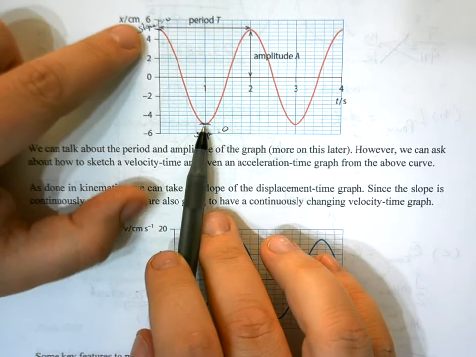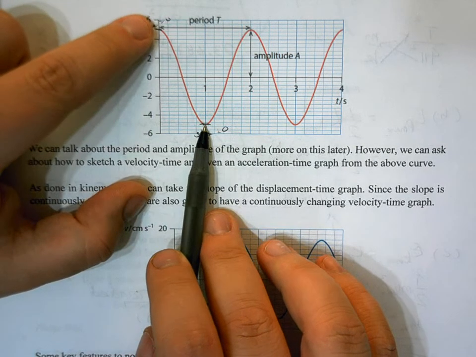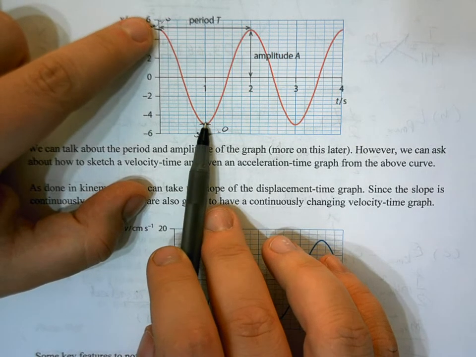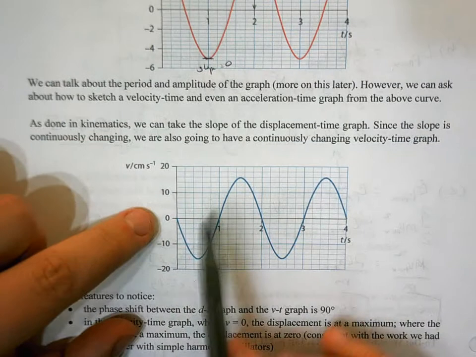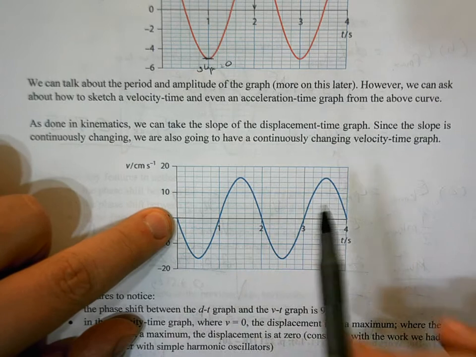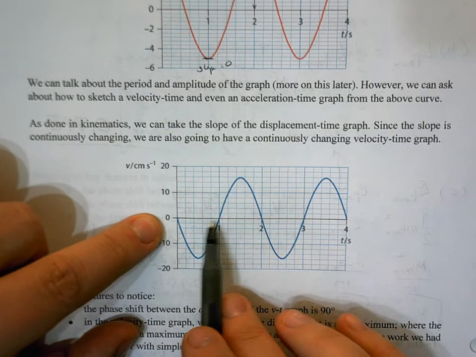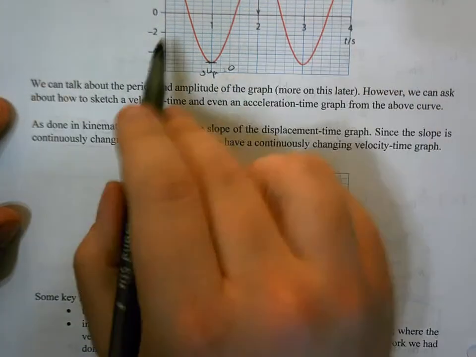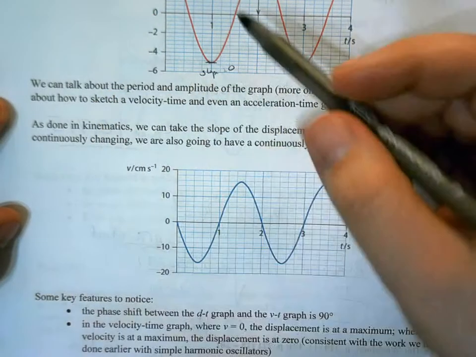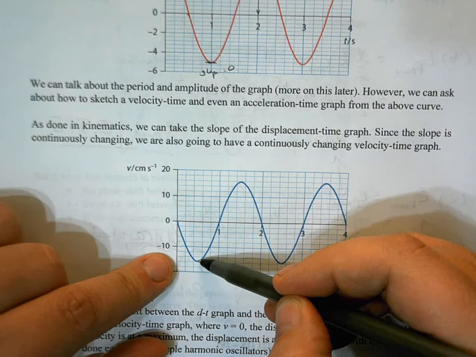Now, in the position-time graph, these represent the amplitude positions. We know at the amplitude we want to have 0 velocity. So on our vt graph, here's my amplitude position, here's my other amplitude position, and you'll notice that v is equal to 0 at these points. When I get to the equilibrium, however, where x equals 0, I'm also traveling at my fastest speed.